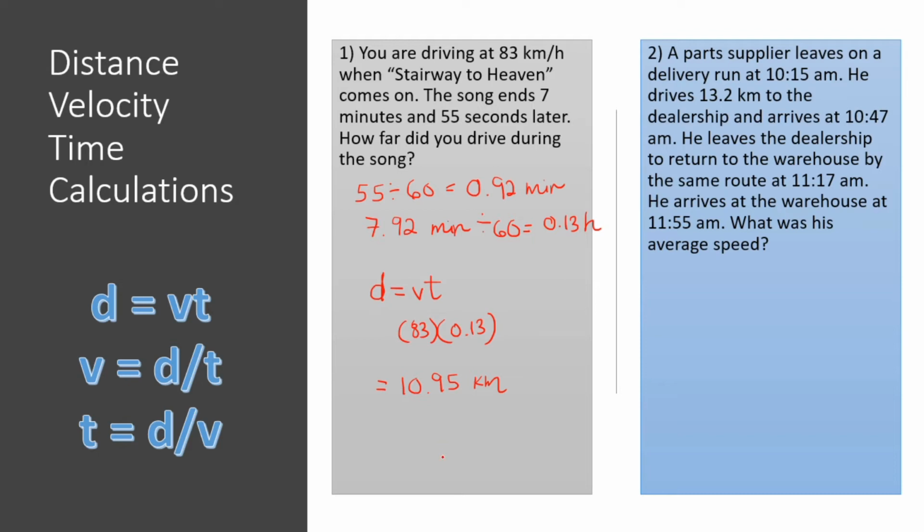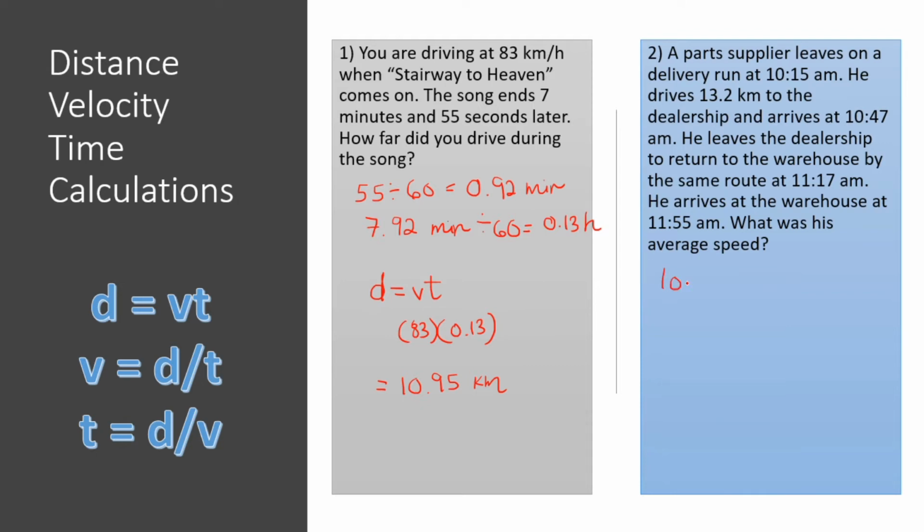And now let's look at number 2, a little more comprehension here. Okay, so we've got some time, we've got some distance, we're solving for velocity. So let's try and understand what's happening. It looks like we drove to a dealership, and that took us a certain amount of time. And then we were hanging out at the dealership for a while, and then we drove back. So for time, we have two time segments that are important. We have, oh no, Nelly, what was that?